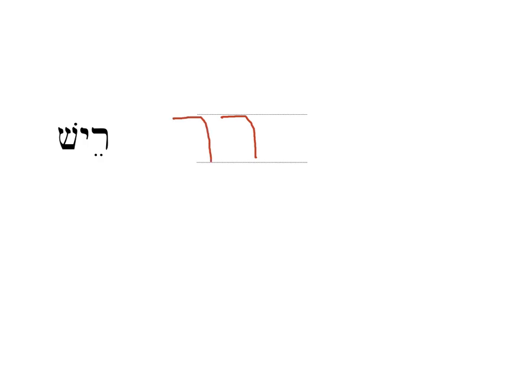Resh sounds like the letter R. Now, in traditional pronunciation, it would have a rolled R. But we don't do that. We just do the regular R. But when you hear some of the audio files this semester, you'll hear the rolled R.